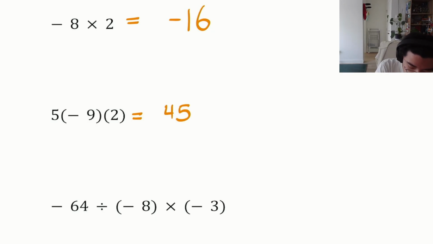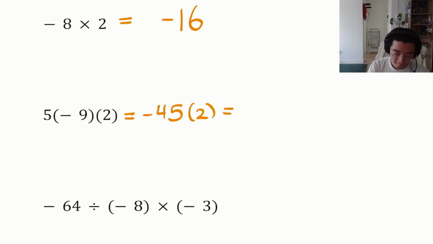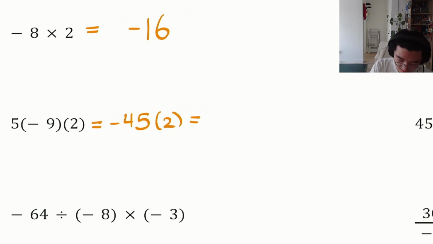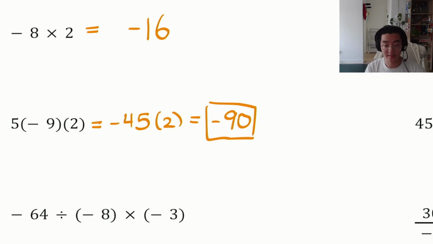We typically don't need a plus here. Multiply that by 2. 45 times 2 is 90. Once again, a negative number and a positive number, the signs are opposite, so the answer must be negative.